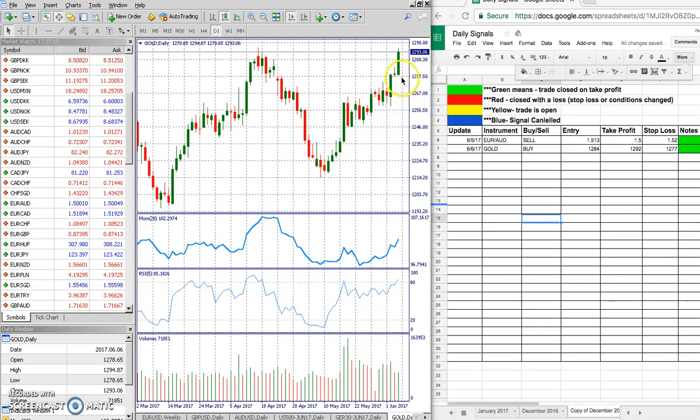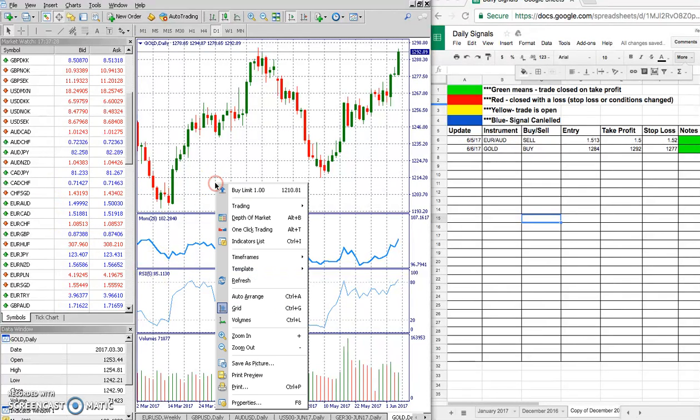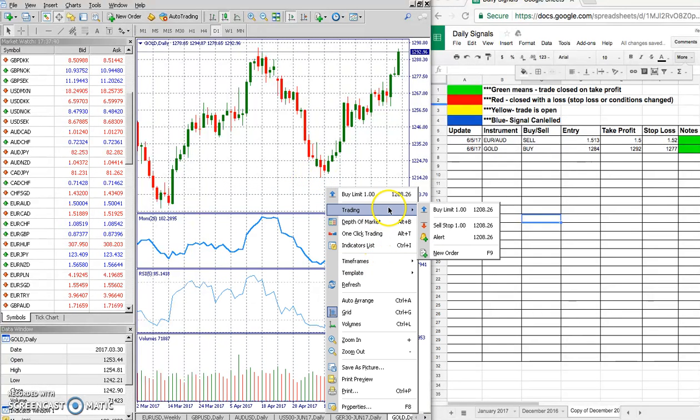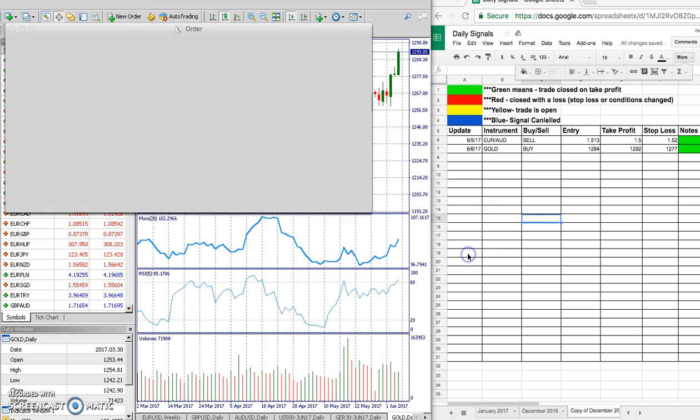It was a buy order at the top of yesterday's high, and in this case we would go either from the instrument panel or from here, new order. This is another way of doing it. You can right click on the chart, go to trading, and then choose new order, or there's a shortcut, as you can see, F9. You can do that as well.